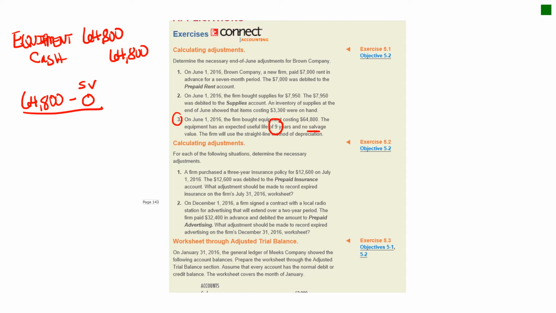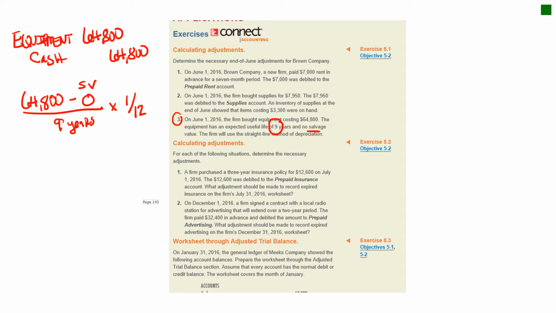If you wanted to, you could also divide by the number of months. I'll do it by years. But if you did this for 9 years, remember, we only want 1 month. So if you did it that way, then you'd also have to multiply this by a fraction of 1/12 because that's one month out of 12 months.